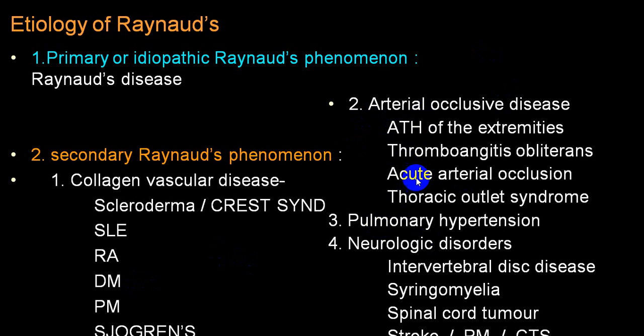In some cases of pulmonary hypertension, also in neurological disorders like intervertebral disc disease, syringomyelia, spinal cord disorders like tumors, stroke, compressive syndromes, that is carpal tunnel syndrome.